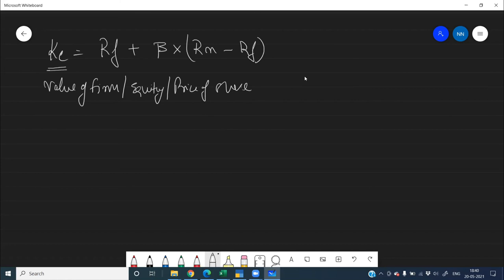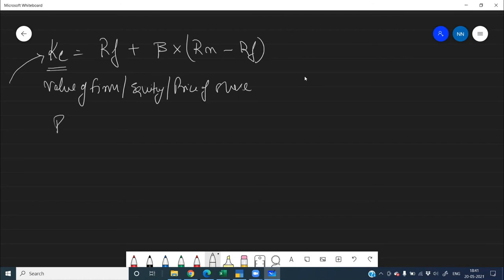Why did we use cost of equity? Cost of equity we used because we were saying that we are going to invest into a security which is more risky in comparison to the risk-free securities, correct? That's why we use cost of equity. That is how we calculated the formula of cost of equity also, assuming that we are investing in the securities which are more riskier than this.